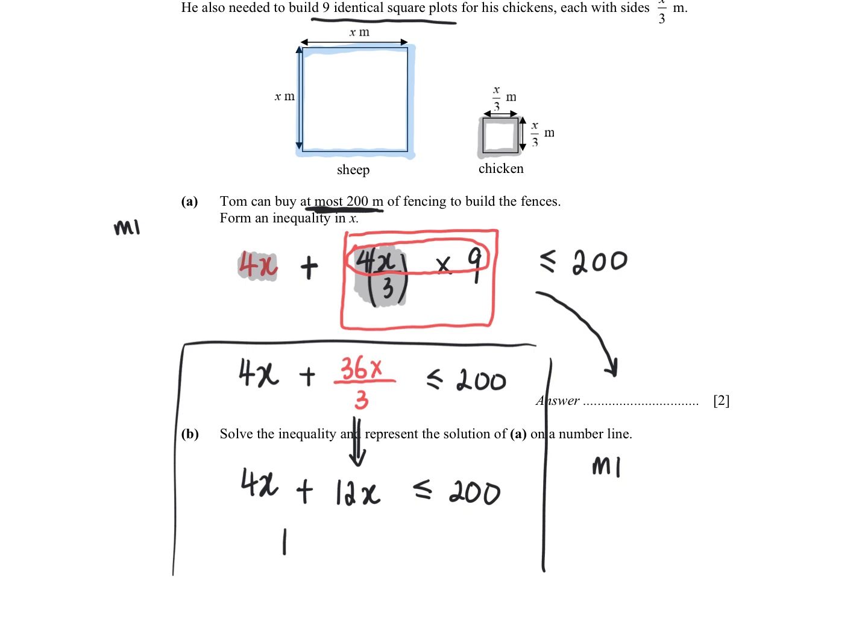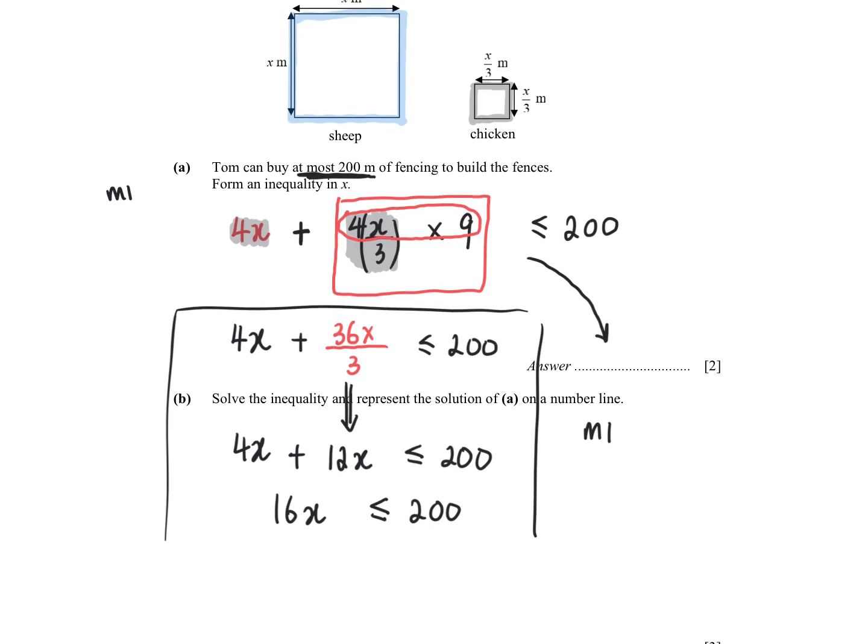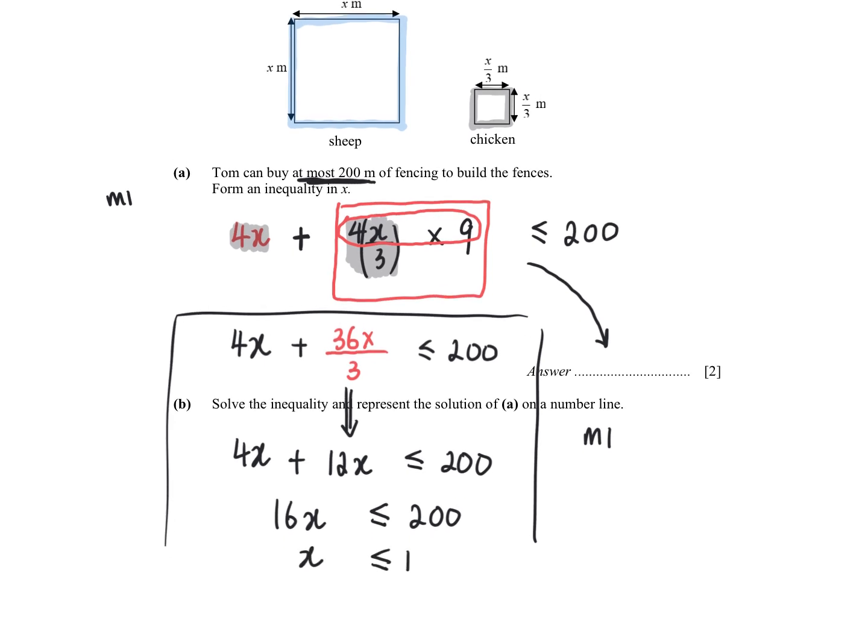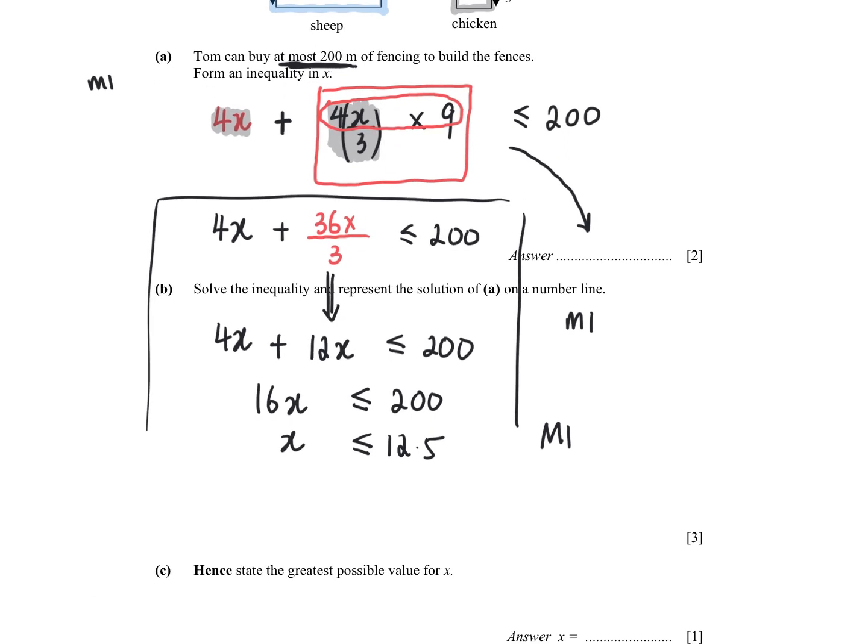Okay, next is simplifying and solving. So you will get x as 12.5. So this is the second mark. Okay, this is the second mark. Okay, and then you represent this on the number line. This is your third mark. So let's say this is your 12.5.